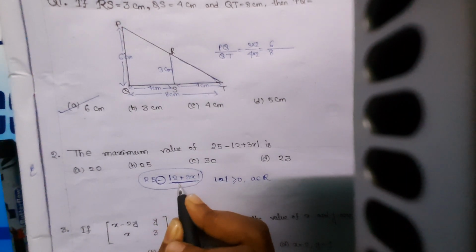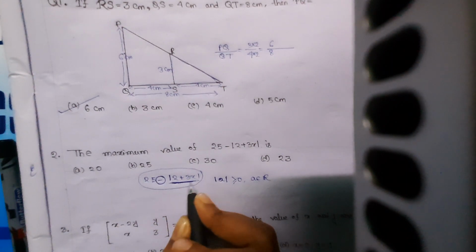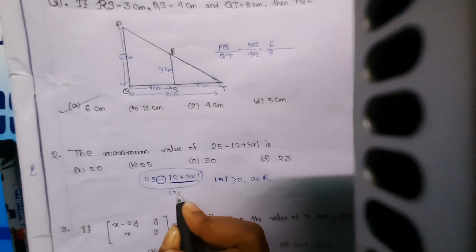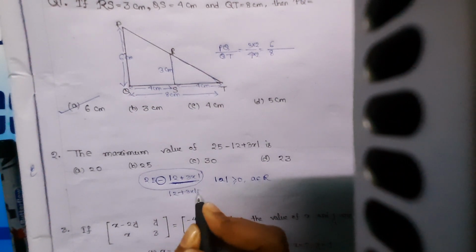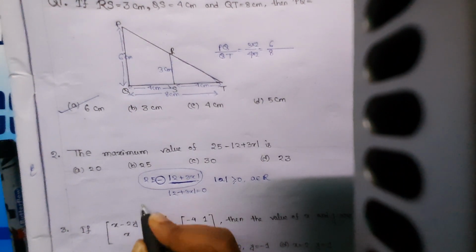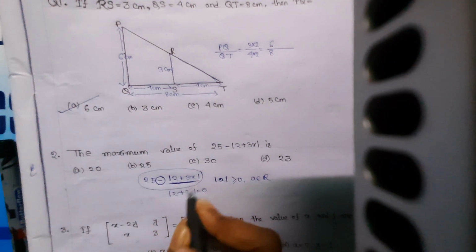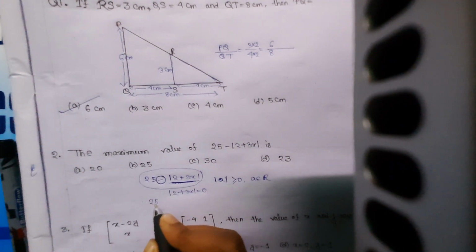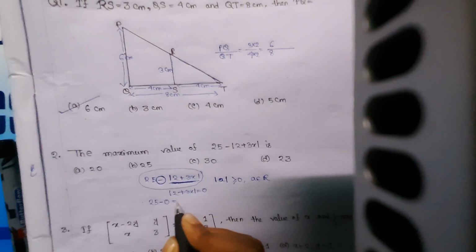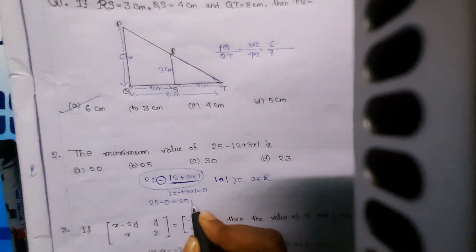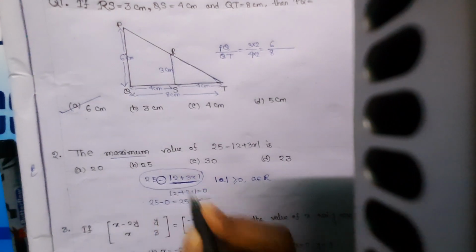When the value of this modulus is 0, the expression 25 minus modulus of 2 plus 3x becomes 25 minus 0, that is 25. And this is the largest value, the maximum value.